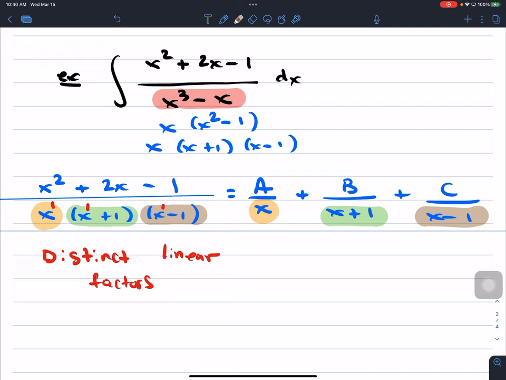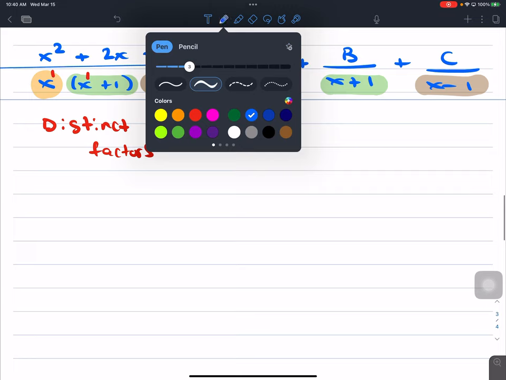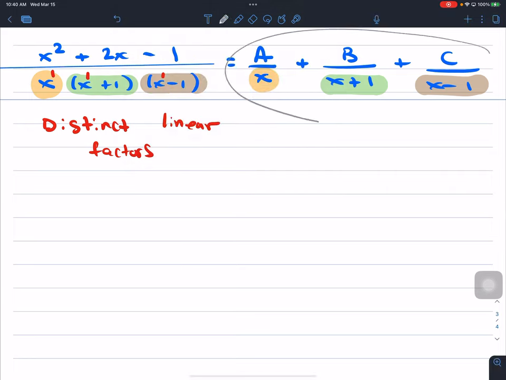So you have this distinct linear factor. And then, what do you say now? What do you guys have to do now? Do you guys know? You're supposed to add the right-hand side. You're supposed to add these terms.